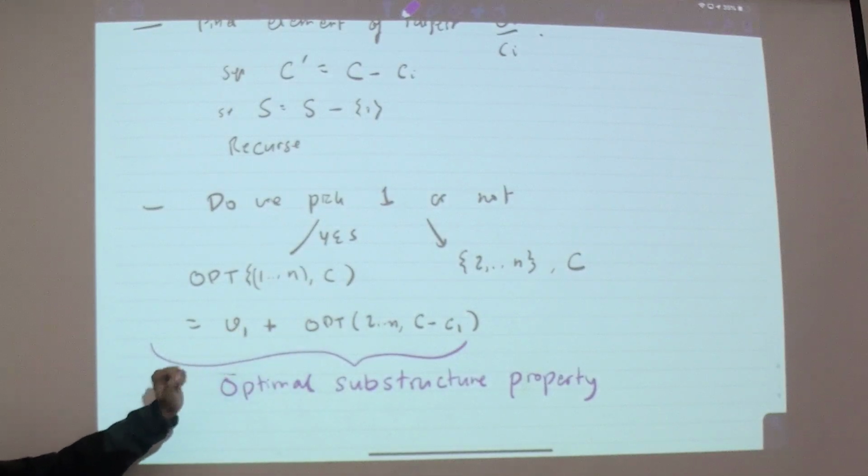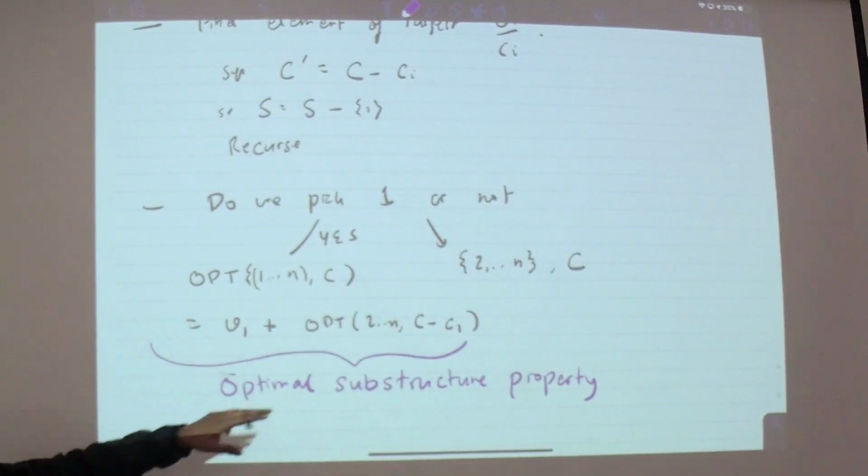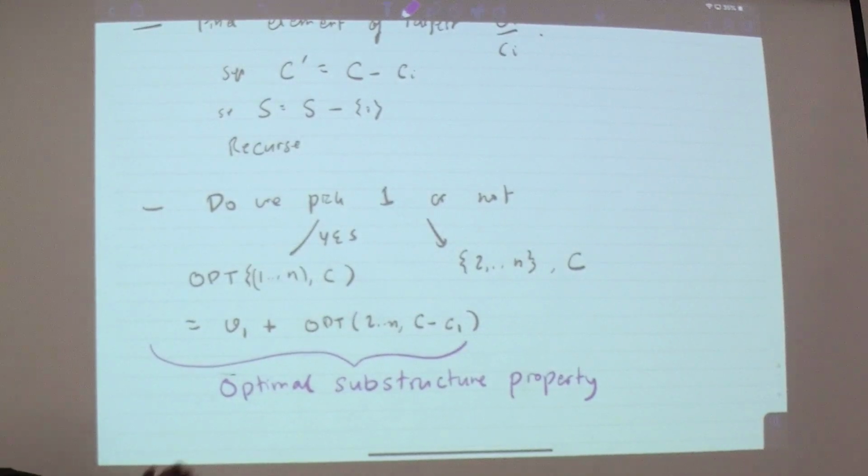Okay, so again, assume that the property, this equality, is true for smaller set sizes and smaller bag capacities. Assume we've been told that V1 is in the optimal solution.